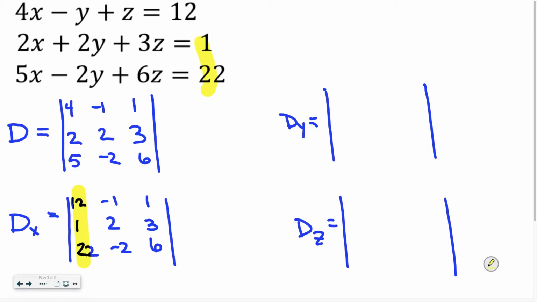Notice how these match up with those numbers there, and all of the other numbers are the same as matrix D. Okay?